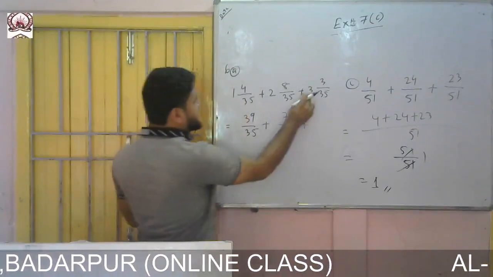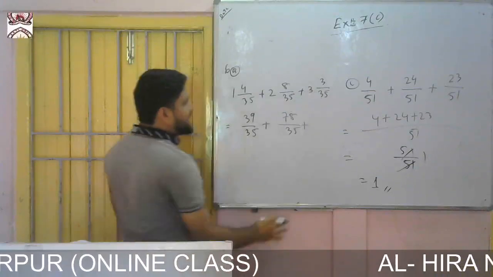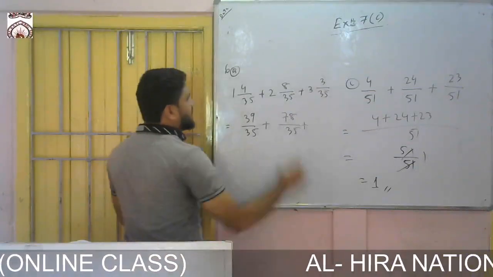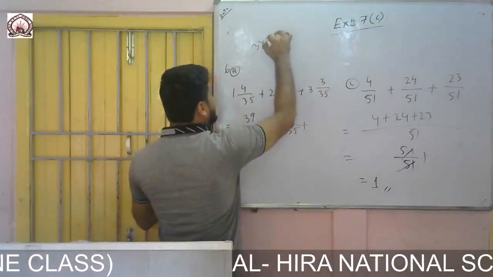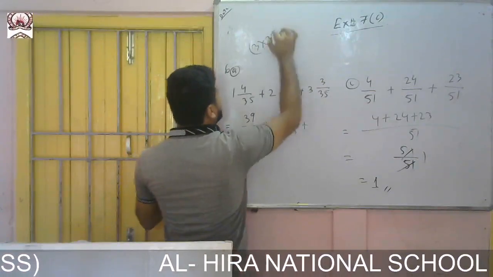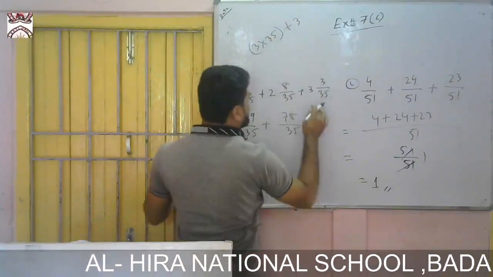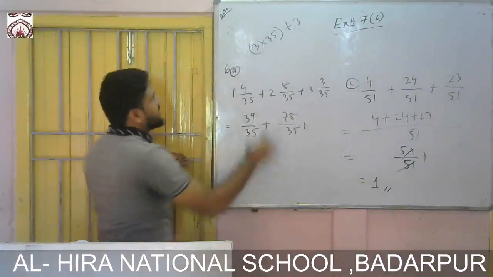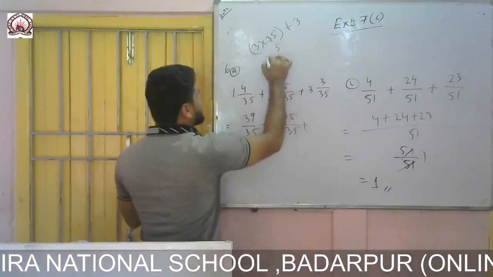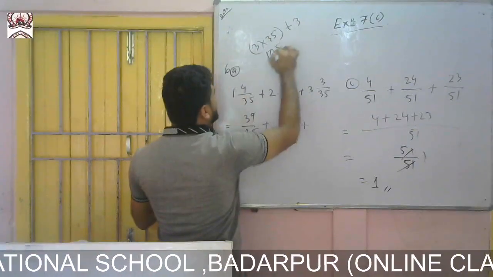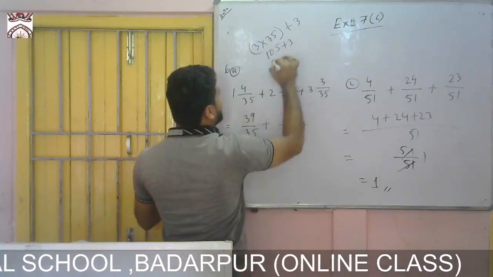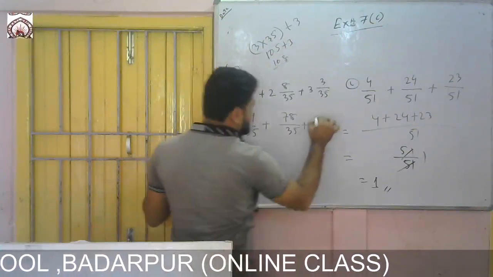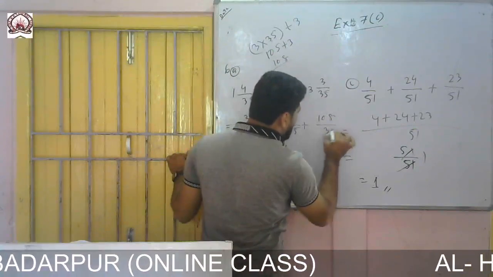How to break it: you multiply the whole number with the denominator and add the numerator. That is 35 into 3, then plus 3. Like this you do in every case. 3 5s are 15, 3 3s are 9, and 10 plus 3 is 13, so 108/35.